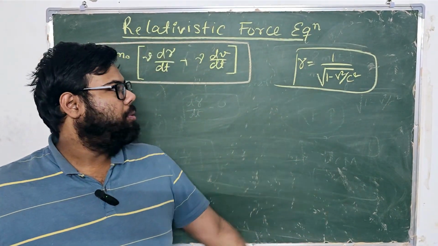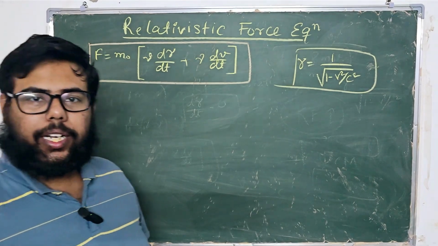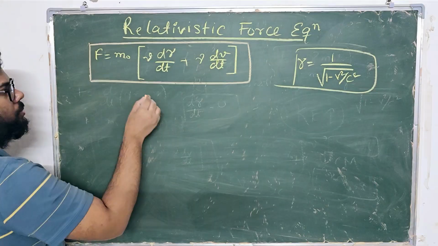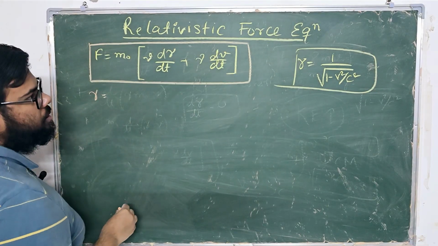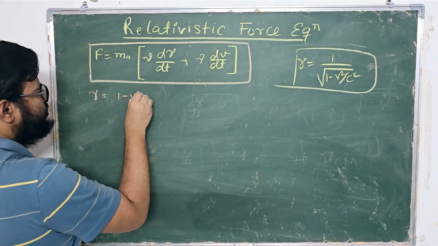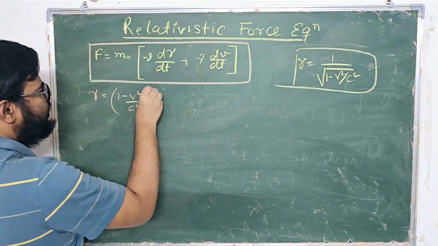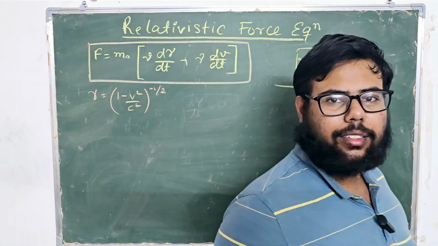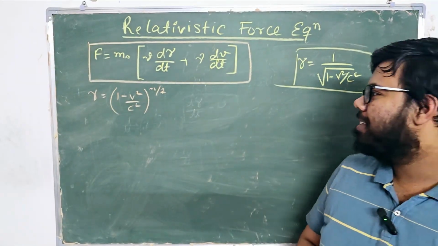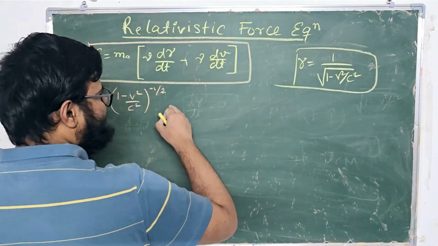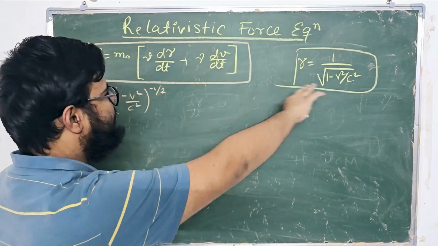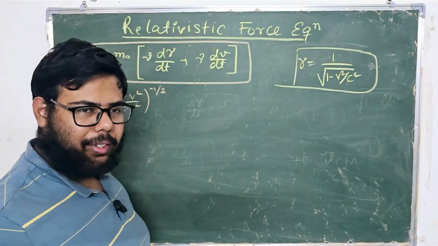Now we have to differentiate it with respect to time, right? So gamma can be written as 1 minus v square by c square raised to power negative 1 by 2. We can write it like this. Correct or not? It's mathematically that expression only. Just see it yourself. Solve it, okay?